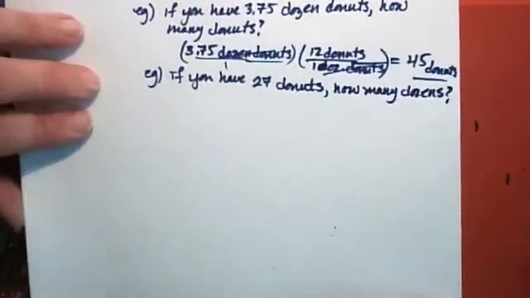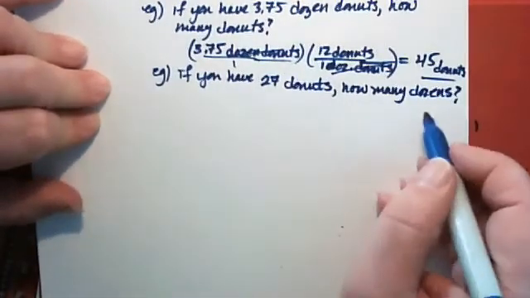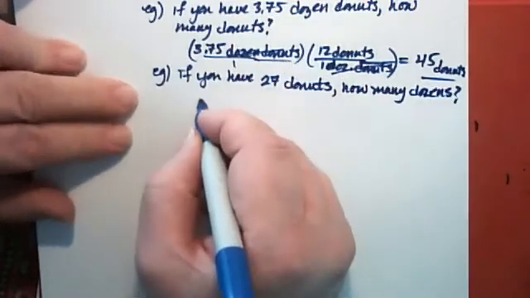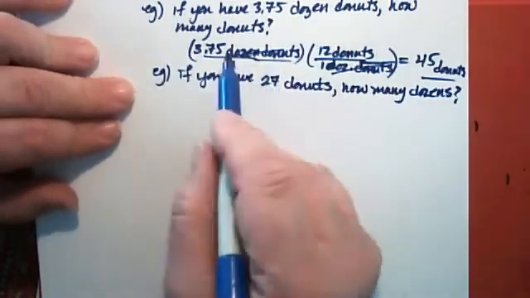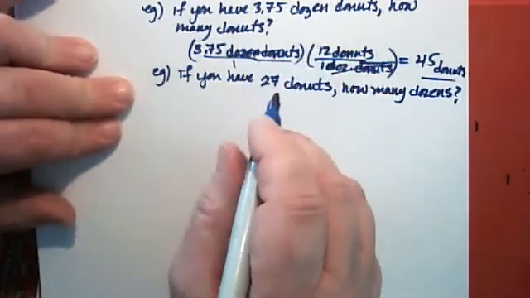Or on the other hand, if you have 27 donuts, how many dozens of donuts do you have? Okay, well, we're going the other direction, so we use the same conversion factor, only upside down.